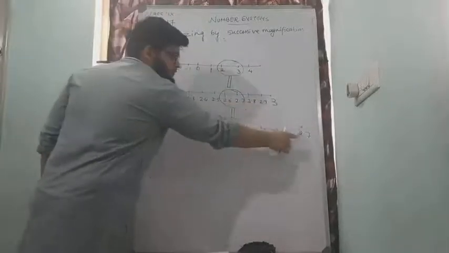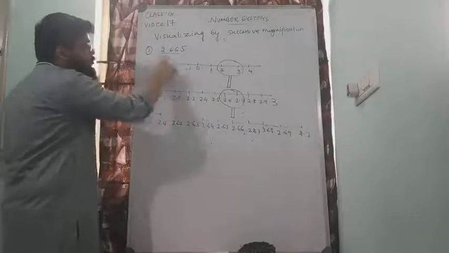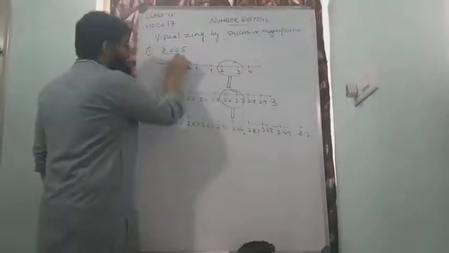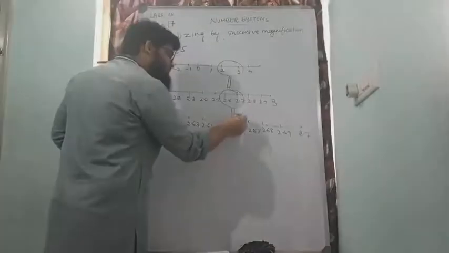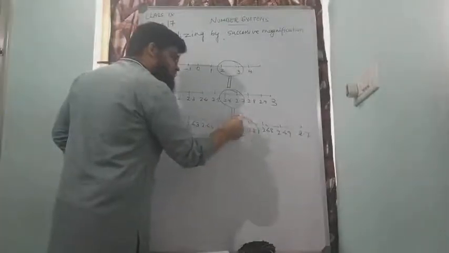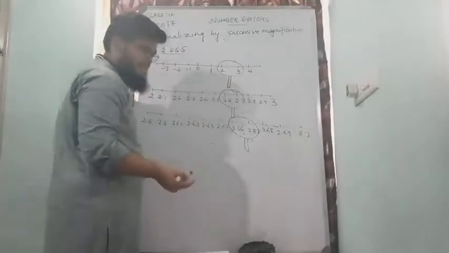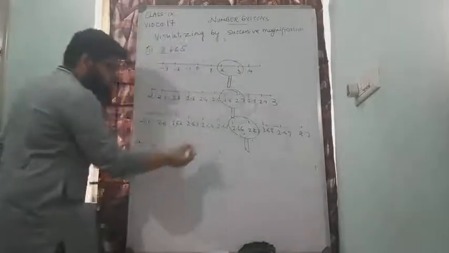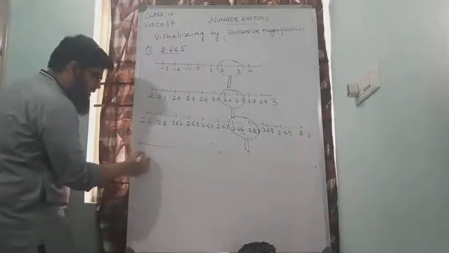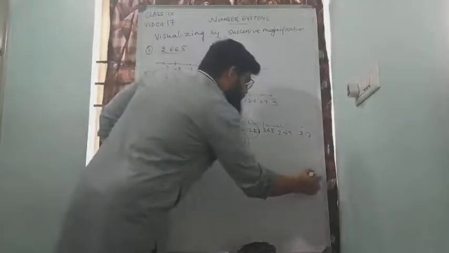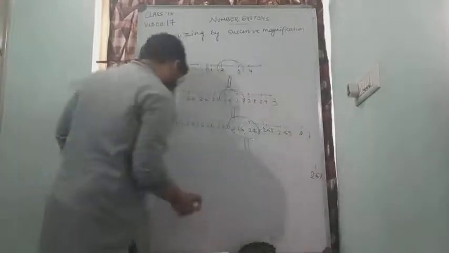Okay, so 2.66 also I got here, but I should get up to 2.665. So I will select 2.66 and the number that is next to it. Whatever number I want, that number and the next one I should always select. So I draw the next number line. 2.66 will be starting and 2.67 will be ending.